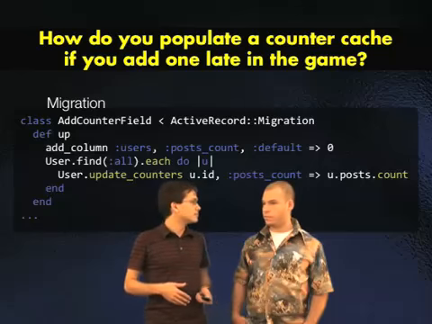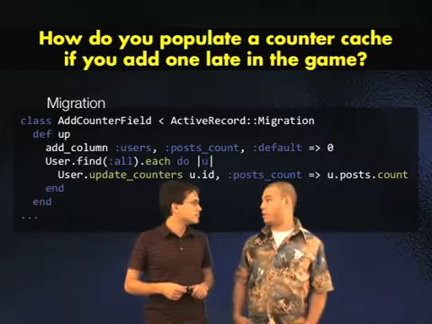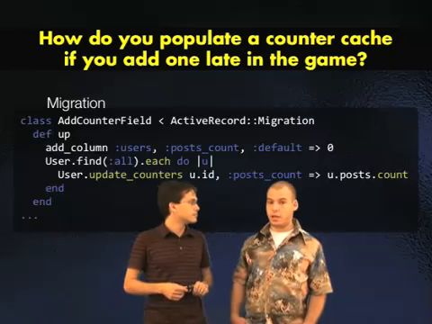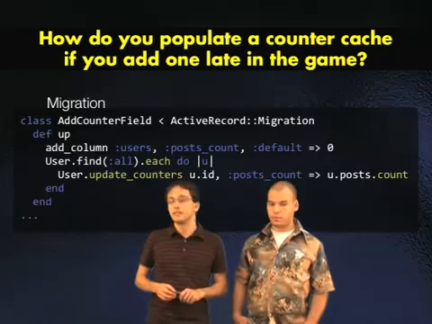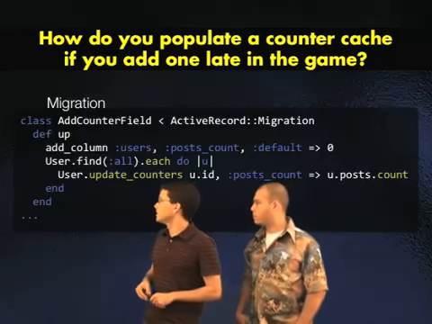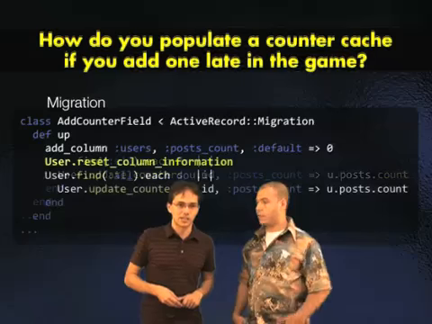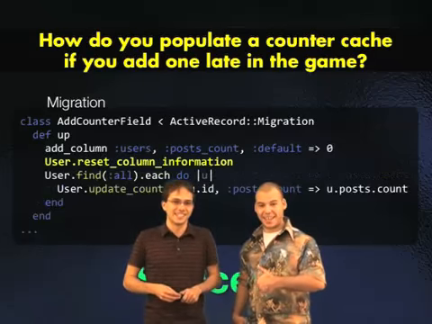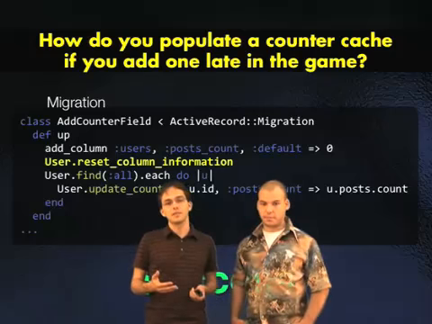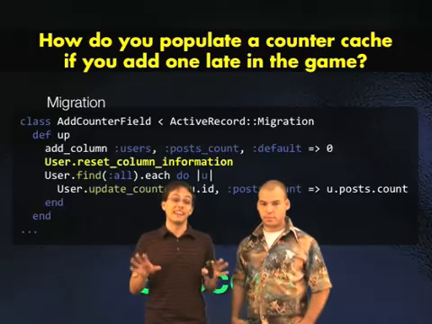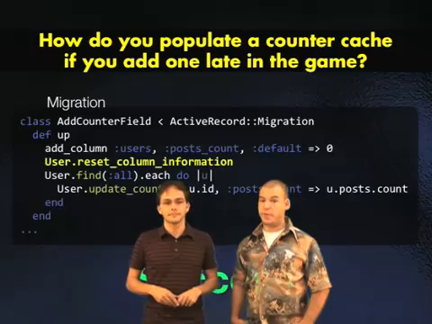What would you do? Well, personally, I would redeclare the user class in the migration. Yeah, that's definitely one way to do it. Another way to do that is to use the reset column information function, right? Either way, it'll reset the columns in that model, and you'll make sure that error never happens. No fail there.